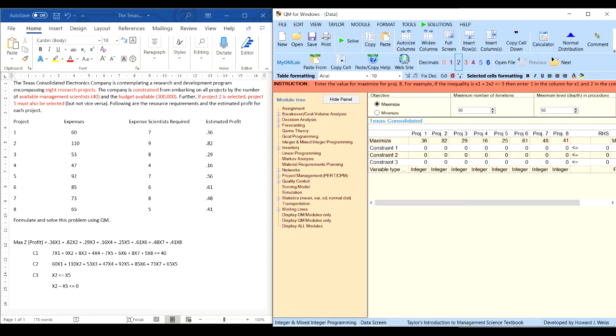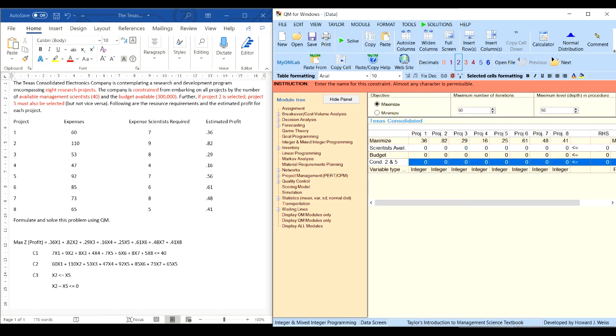There we go. That's what we've done so far. Our first constraint is scientists available. Our second constraint is budget. And our third constraint is conditional 2 and 5.